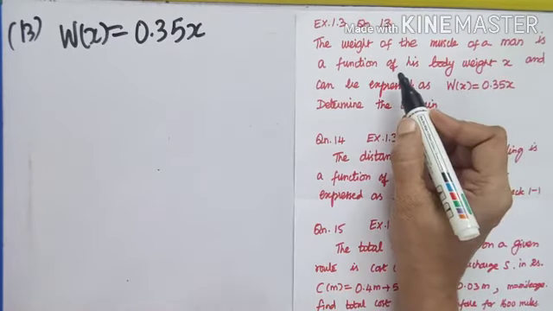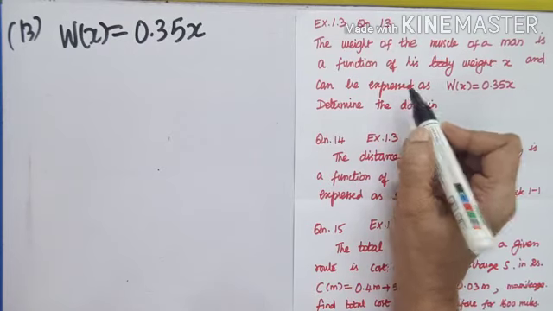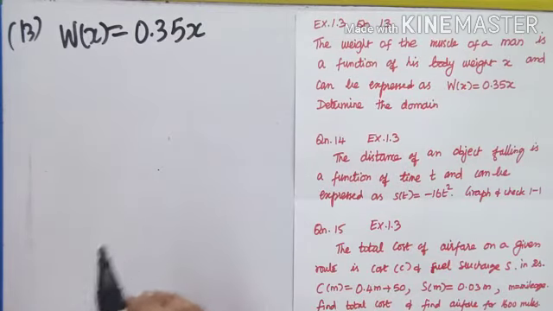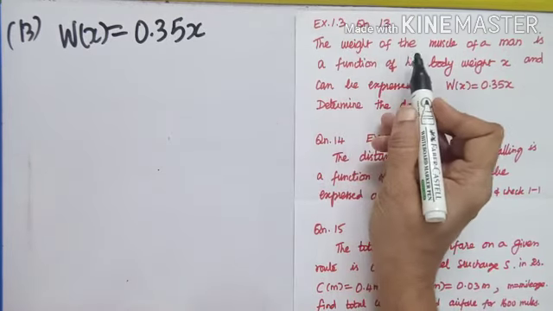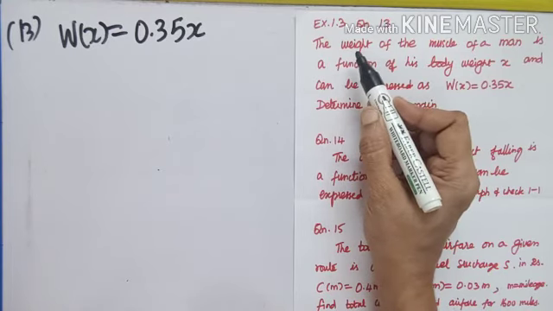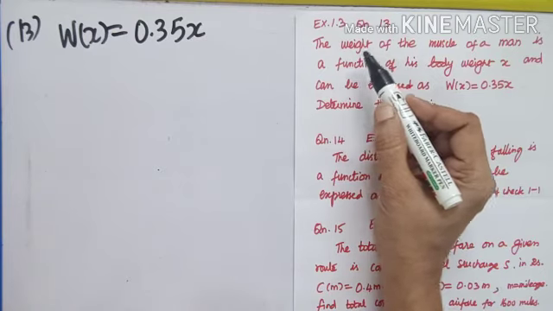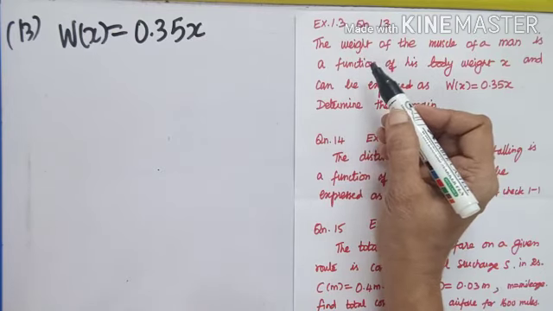But in word problems, let us read it again and again, check whether decimals can come or only whole numbers can come. Whether negative can come or only positive can come. Here weight of the muscle. So weight can be a decimal number. Nobody will be exactly 10 kilogram, 20 kilogram like that. So it would be 10.18, 10.2, 11.7.